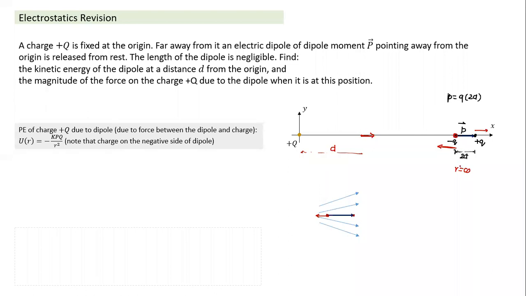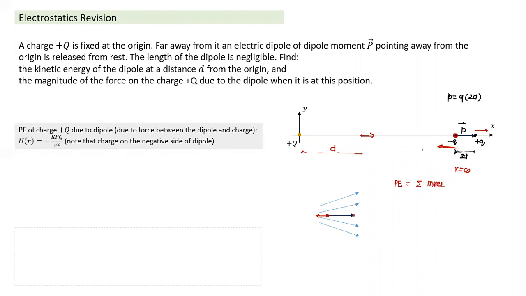How do I calculate potential energy at r equal to infinity and r equal to d? Potential energy of a two-charge system. Actually, if you look, there are three charges here: plus q, minus q, and plus q. If we calculate potential energy in the typical sense, the PE of the system will contain the summation over three charge pairs.